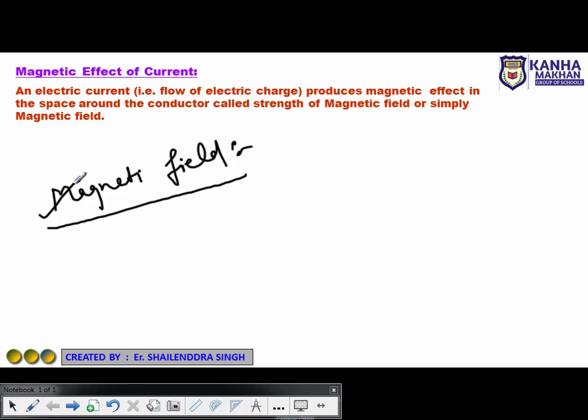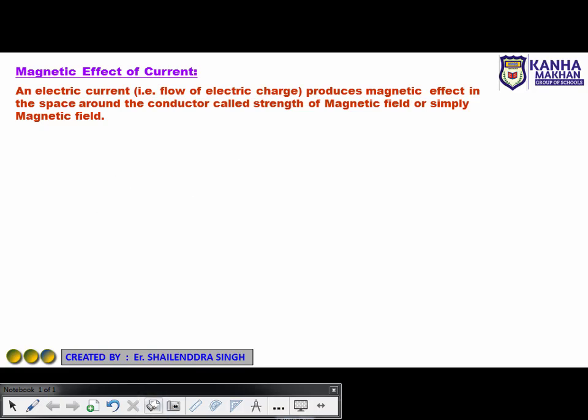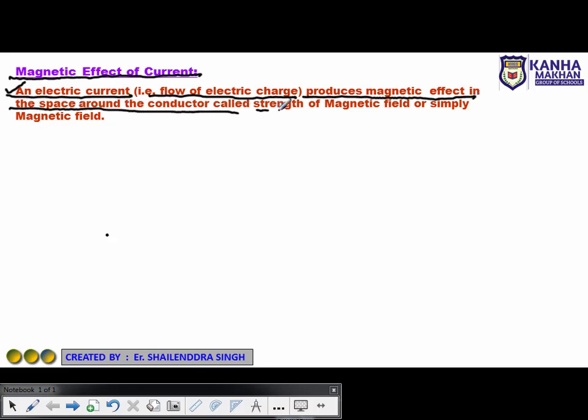That magnetic field was observed by Oersted around the current carrying conductor. Now, what is the magnetic effect of the current? An electric current is a flow of electric charge that produces a magnetic effect in the space around the conductor, which is called the strength of the magnetic field, or also called the magnetic field.